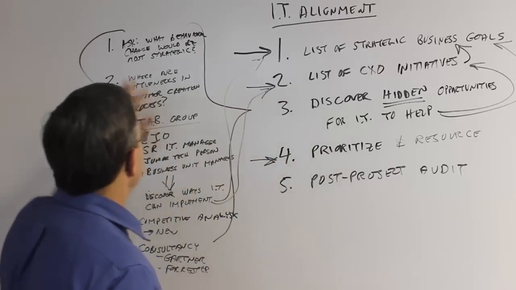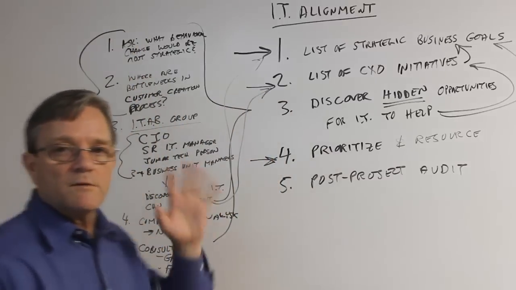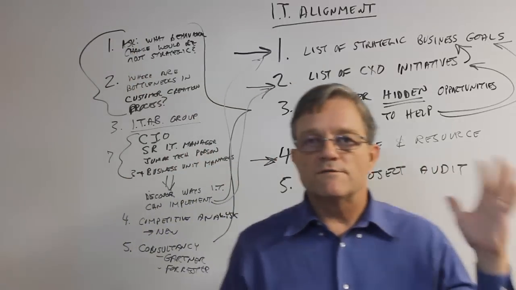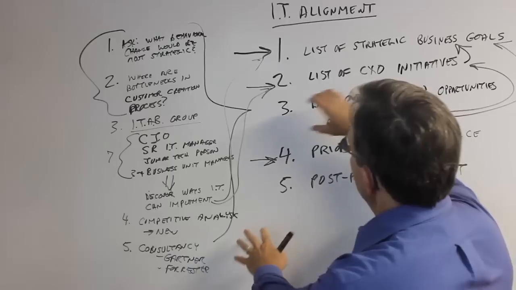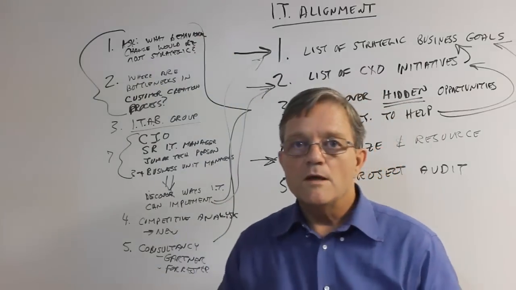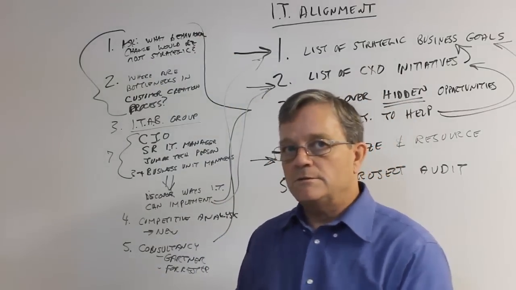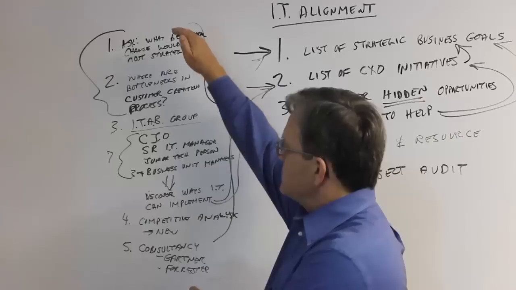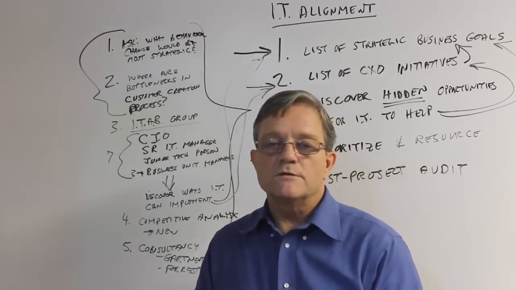So you're going to collect all this stuff up, and you're going to build a list of ideas. That's how we do step 3. A lot of work, but I'll tell you, there's a lot of eye-opening that happens when you do this.